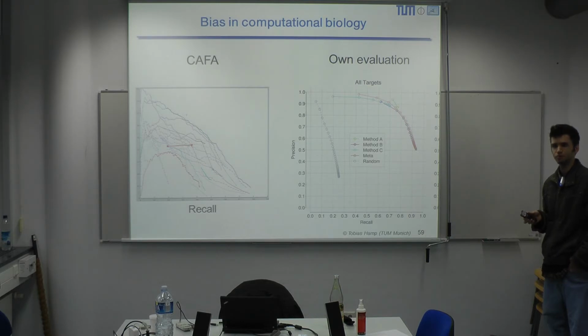Not the same proteins. We used 10,000 proteins for our evaluation, and CAFA used, I don't know, 800 or something. But these numbers should definitely be high enough to rule out any sort of statistical fluctuations because of small data sets. So it's definitely not the size of the data set that made a difference here.